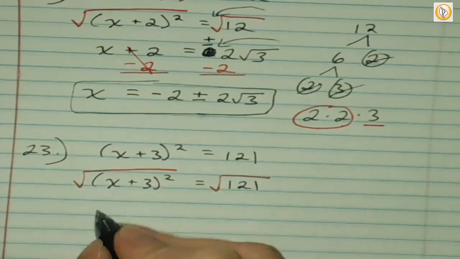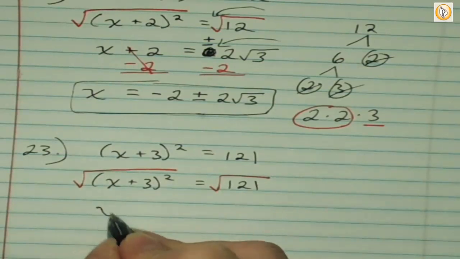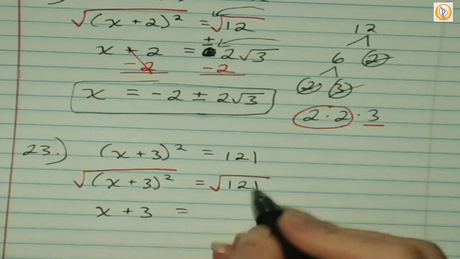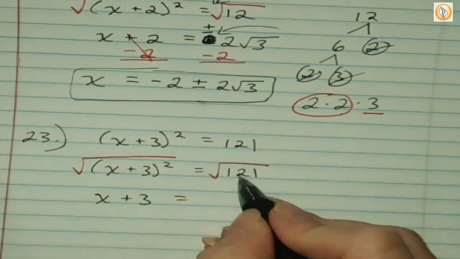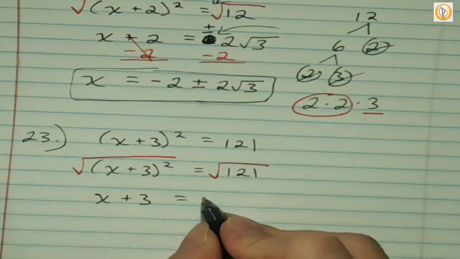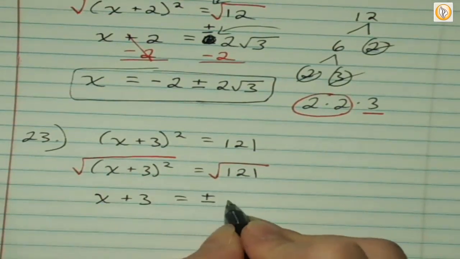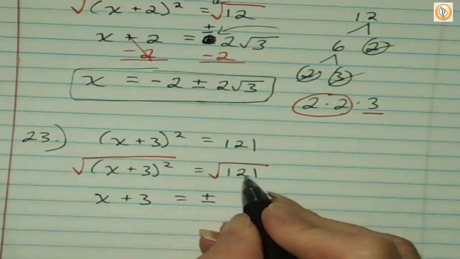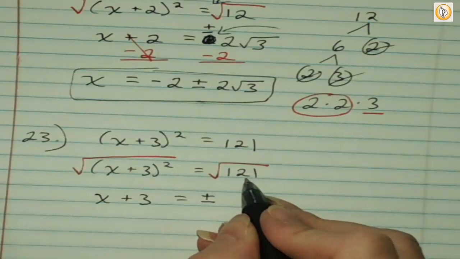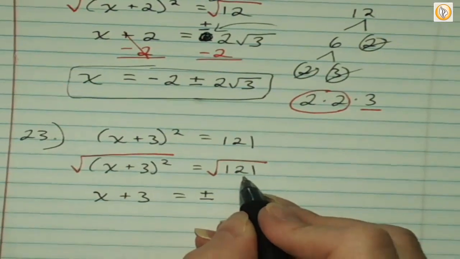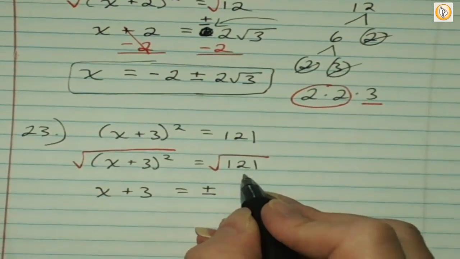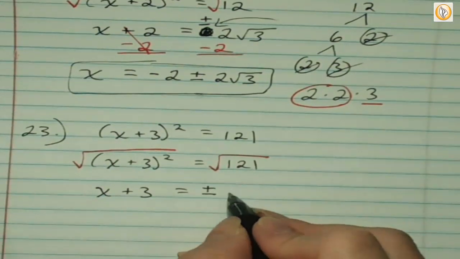Okay, so we're left with x plus 3. Now, we square rooted this, so this becomes plus or minus. And is that a perfect square? Yes, it is. So what does it become? 11.